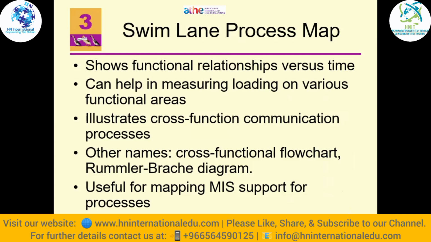Like in networking, you need 6 months, half a year, this kind of laptop, this kind of Arduino circuit, etc. So every process needs a different kind of time and functionals. That's why we map a swim lane process map, so it can give you an overview of how much time you are going to save and what kind of resources you can use while doing that.